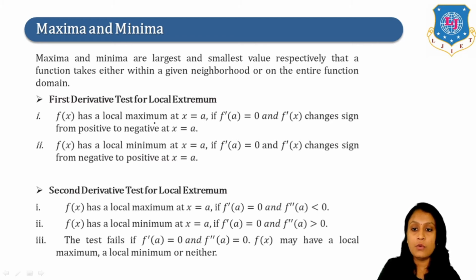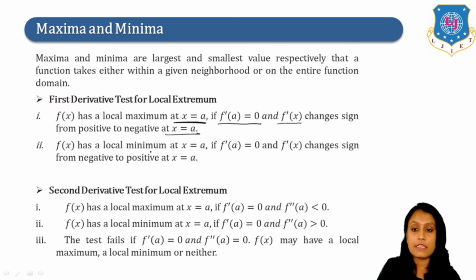f(x) has a local maximum at this particular point if f'(a) is equal to 0 and f'(x) changes sign from positive to negative at this point. So f'(a) should be 0, and the sign of f'(x) changes from positive to negative.